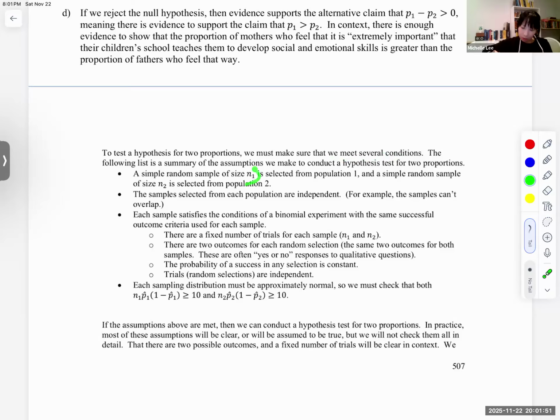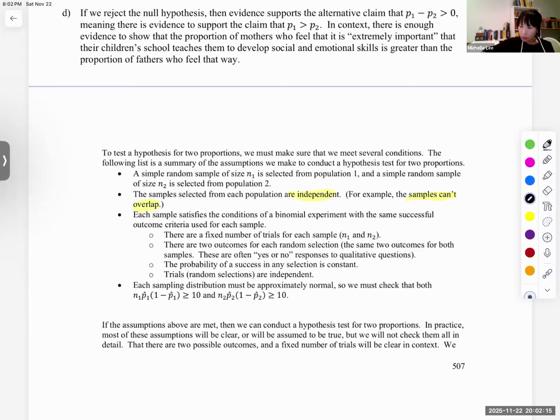So we did earlier: what is n sub 1, n sub 2, and the samples selected from each population are independent, right? This means the samples cannot overlap. So how do we check whether they are independent or not?